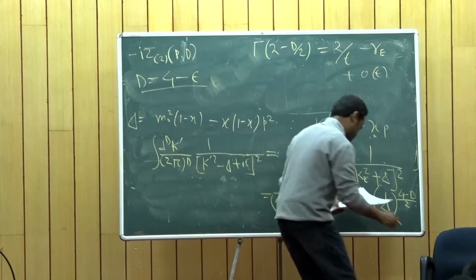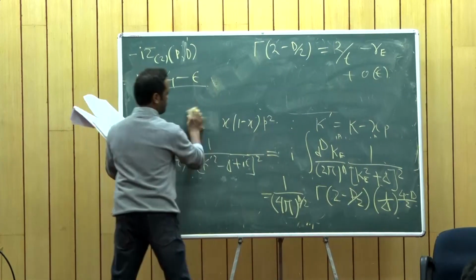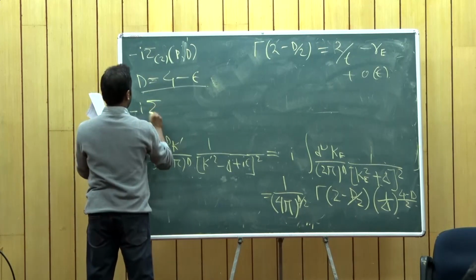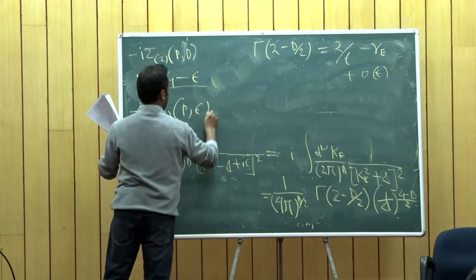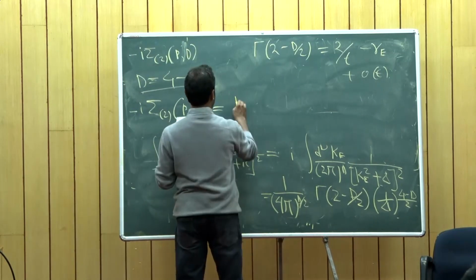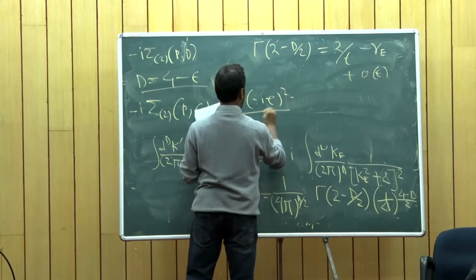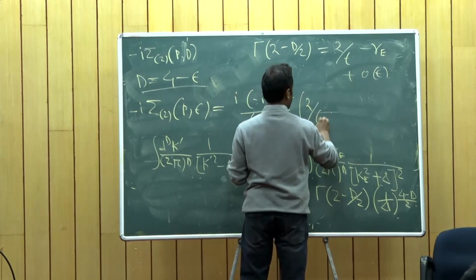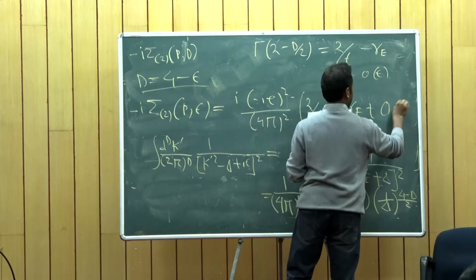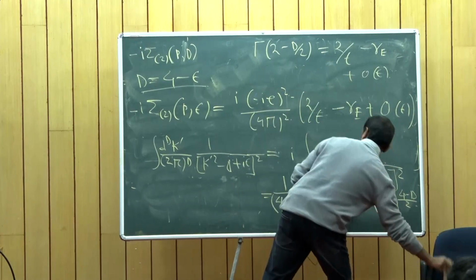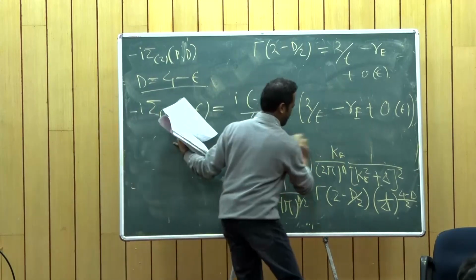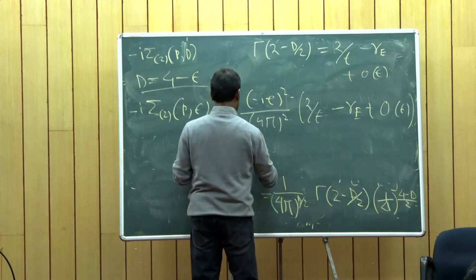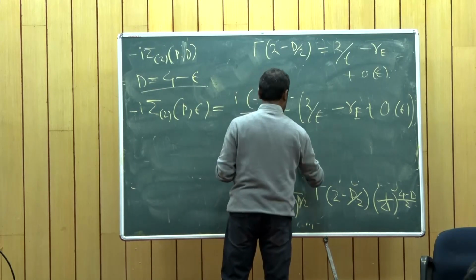Maybe I can write down the final result without going through all these things. So in terms of epsilon, this is 4 pi square, plus order epsilon contribution, and then you have this integral 0 to 1 dx, x (2 minus epsilon).